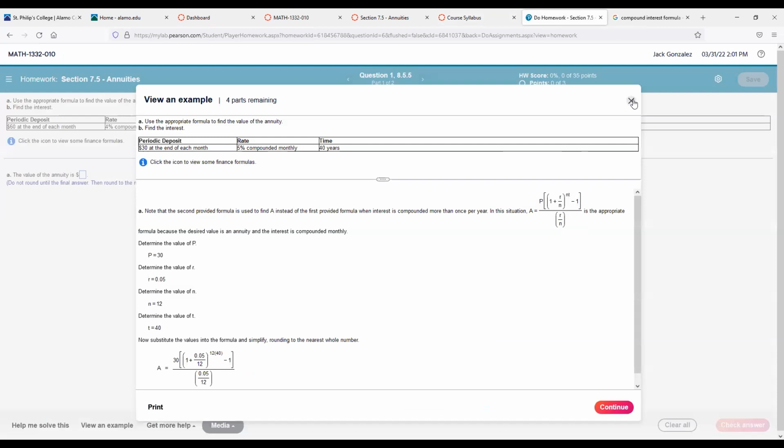But for 7.5, let's look at the homework problems, so you have examples that look exactly like homework, because 7.5 is a little more in depth. So I'm going to write down this formula here, and then we're going to start this question. So 7.5 is annuities.